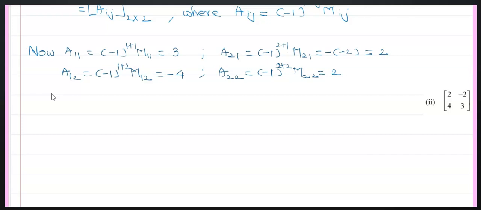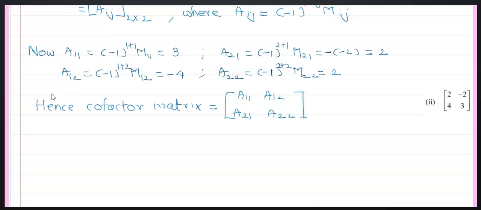Hence, the cofactor matrix is A11, A12, A21, A22. It's 3, 2, 3, minus 4, 2, 2. Now its adjoint.